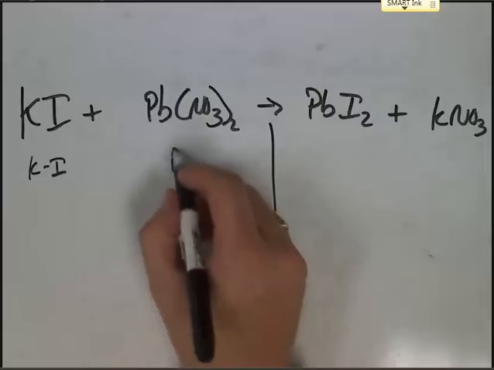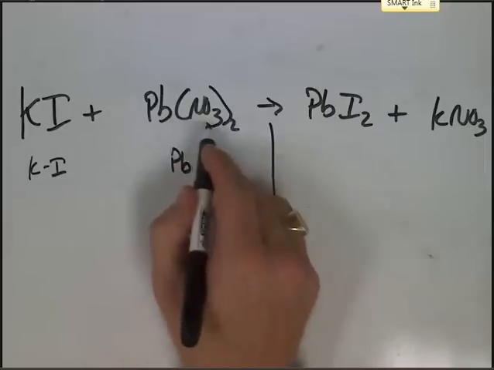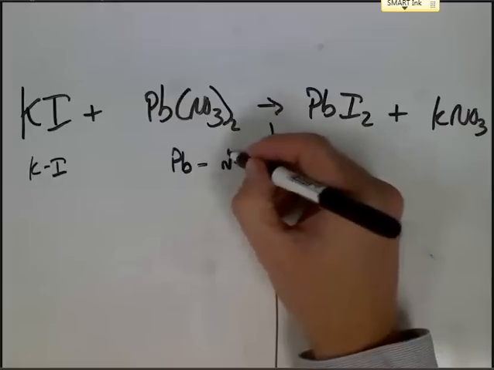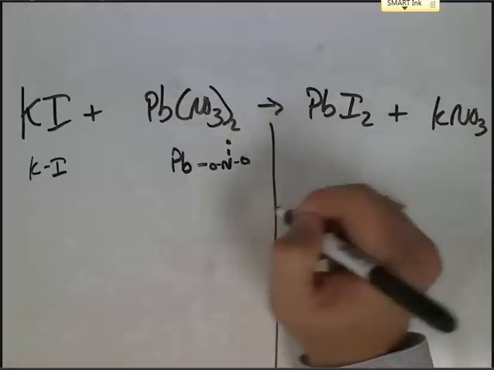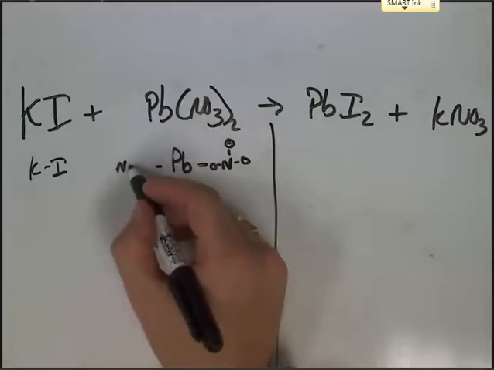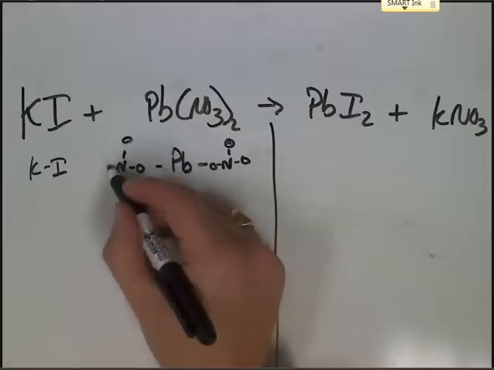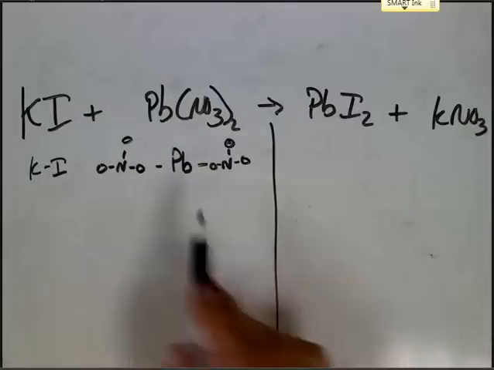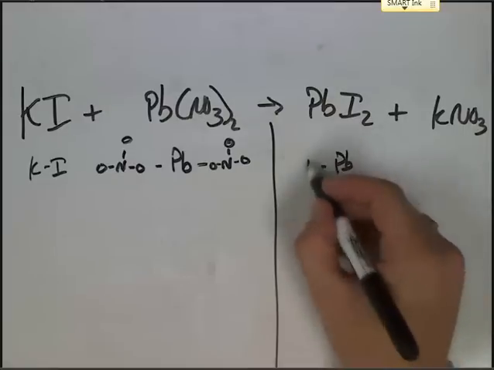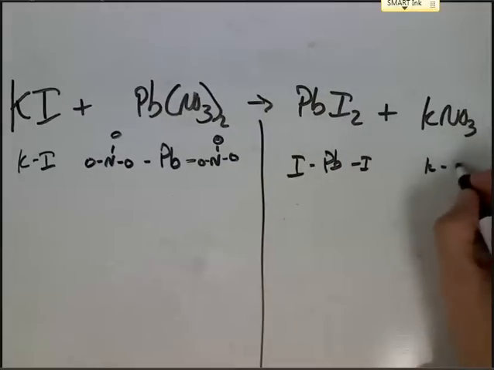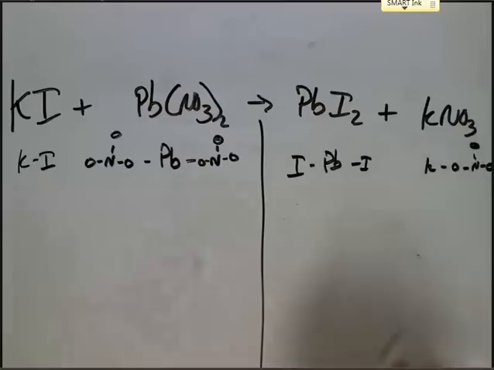Okay, so here we've got K bonded to I. Here we've got a Pb, and there's actually two groups of NO3. There's one NO3. Here's another NO3. Okay, so one lead and then two NO3s. Here's a Pb with an I on either side. Here's a K bonded to NO3.